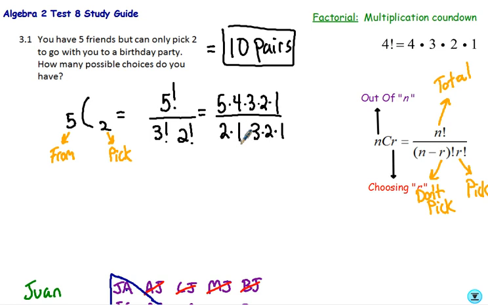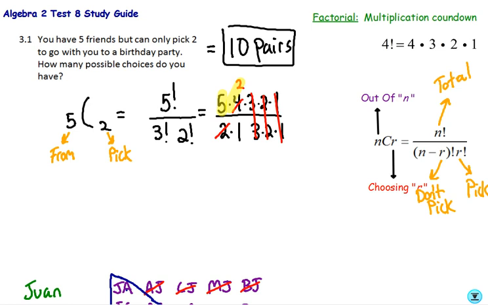Now, what I can do is cancel the 3's, cancel the 2's, cancel the 1's. I could say 2 goes into 4 2 times. And then I look at everything that's left over. What I've got left over is 5 times 2. Well, 5 times 2 is equal to 10.